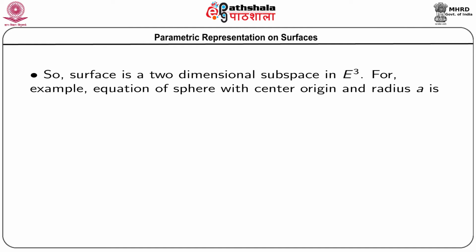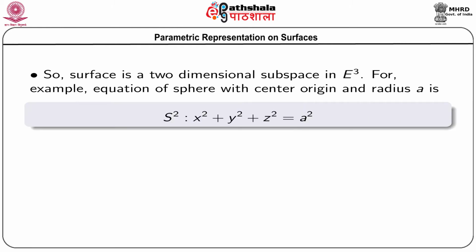Let us consider an example. We take the equation of a sphere with center at origin and radius a: x square plus y square plus z square equal to a square. Though it is written as a function of x, y, z, we denote this by S2 because it has 2 independent variables and the dimension of this space can be expressed in S2.